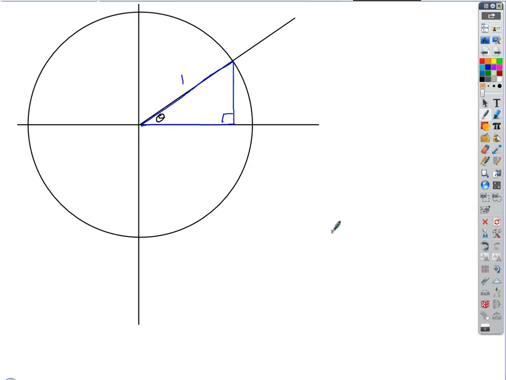So we need to know somehow the base and the height. Suggestions? You know the base is less than 1 because it's a circle. It's on 1, so it's... Good. Okay. What else can we do with that?